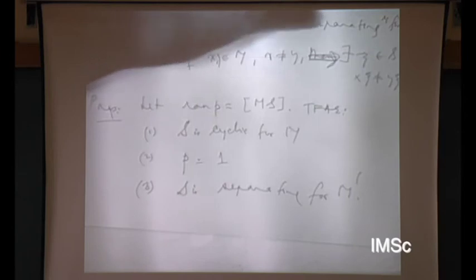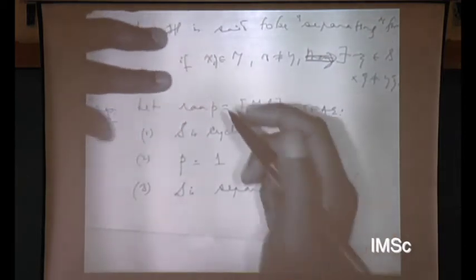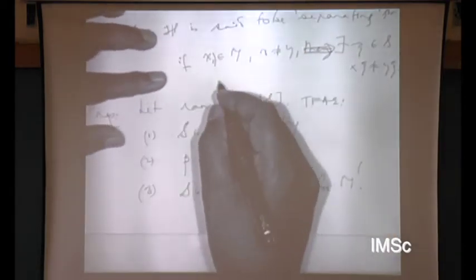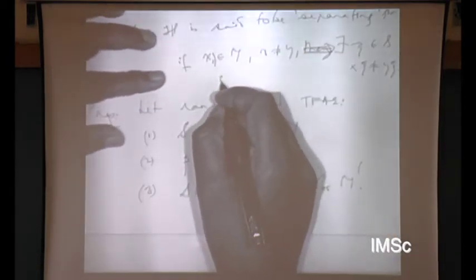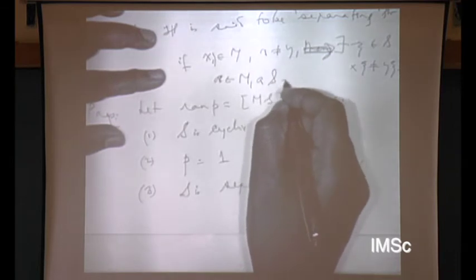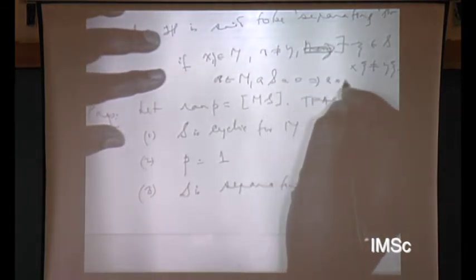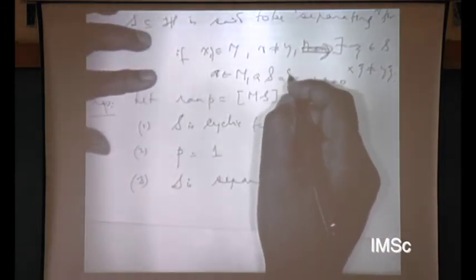Actually, rather than saying this in this complicated fashion, because we're talking about linear operators, what this says is that A in M, AS is 0, implies A is 0.